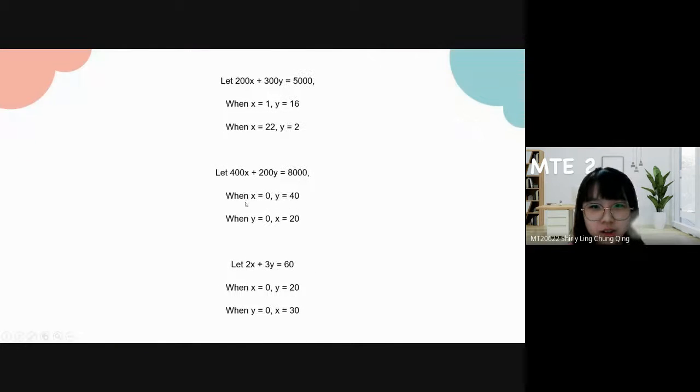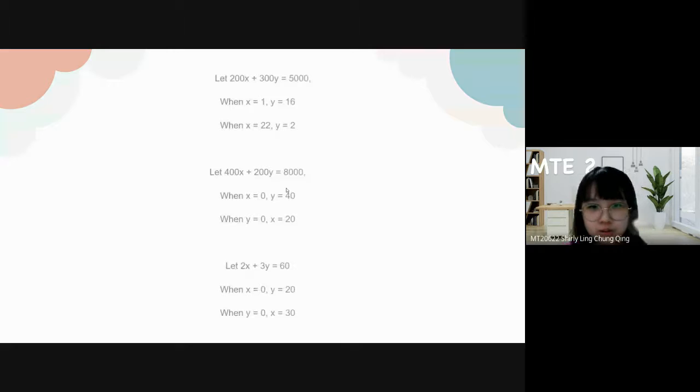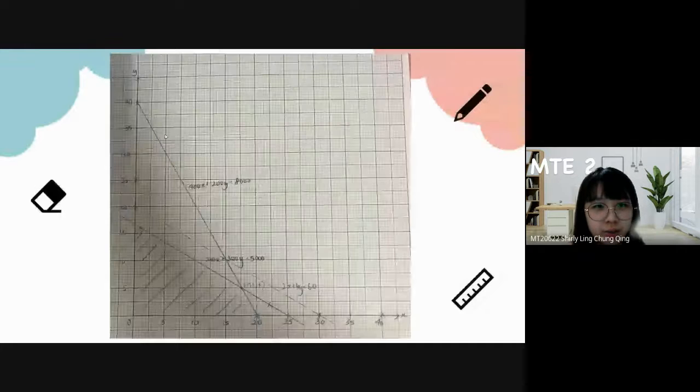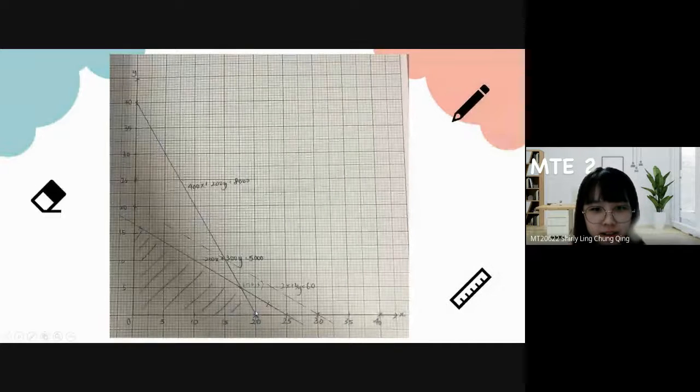Next, the second equation, when x equals 0, y equals 40, and when y equals 0, x equals 20. When we plot these 2 coordinates, we can get this line.